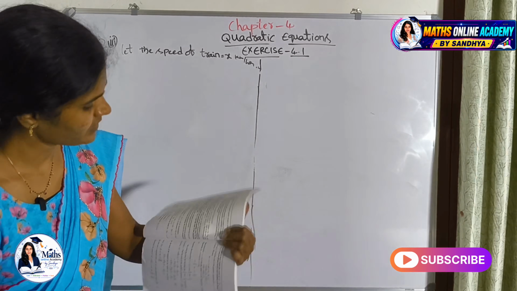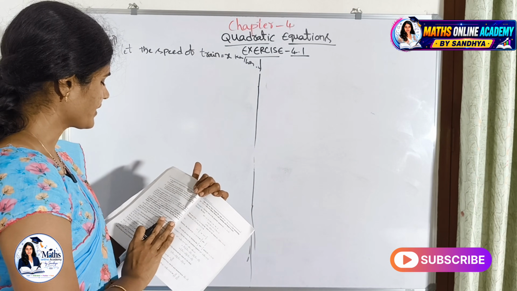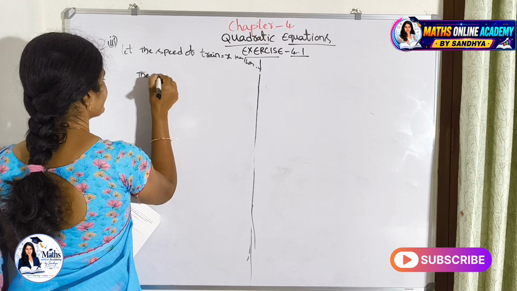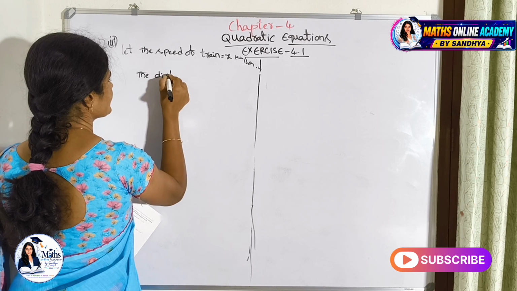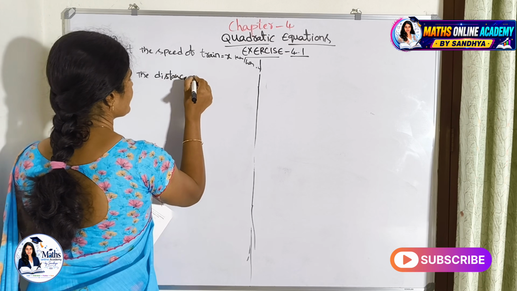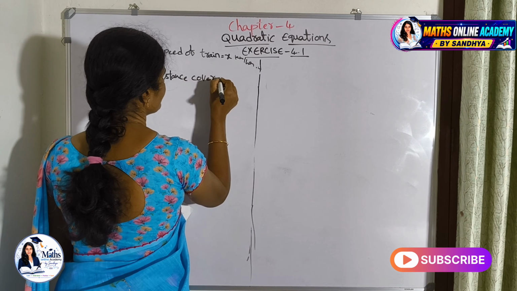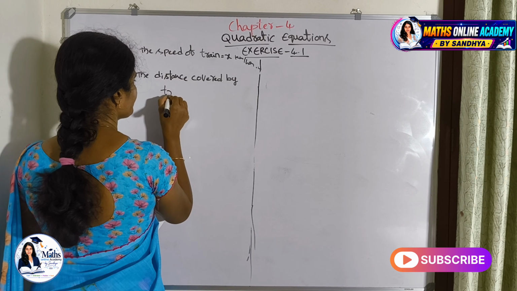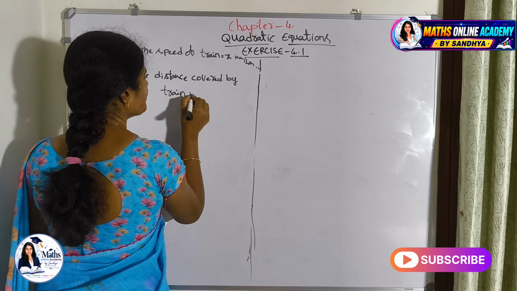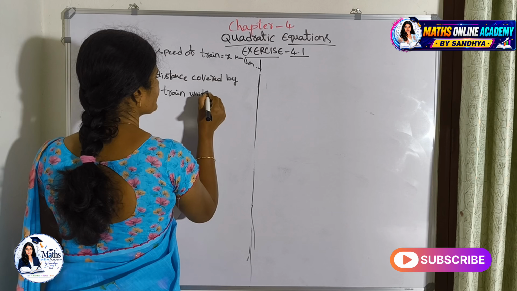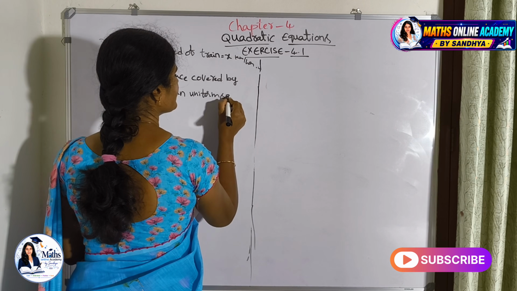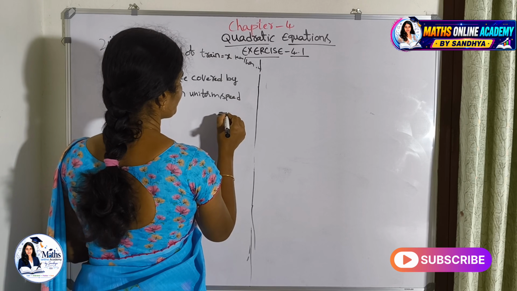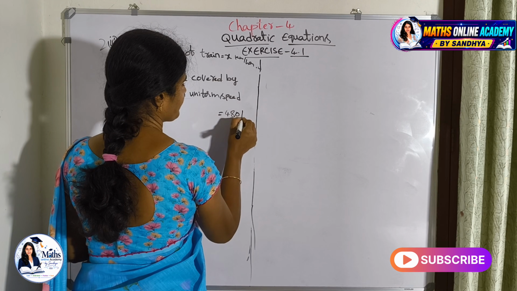The speed of the train is x kilometers per hour. The distance covered by the train at uniform speed is equal to 480 kilometers.